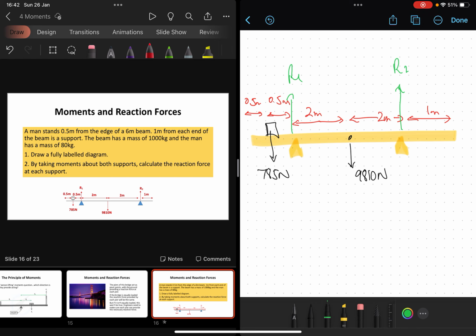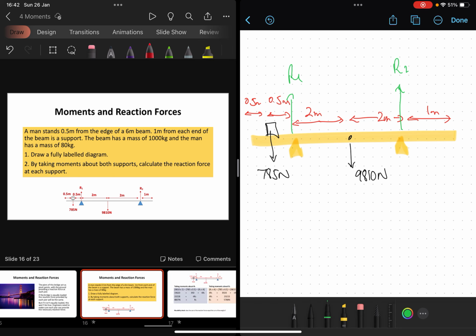Now, what would be nice to know is how big those 2 reaction forces are. And I think you can probably see that they're not going to be the same, because although the beam's centre of mass is the centre of the beam, on the left-hand side we've got that extra object, so I expect R1 to need to be bigger than R2.